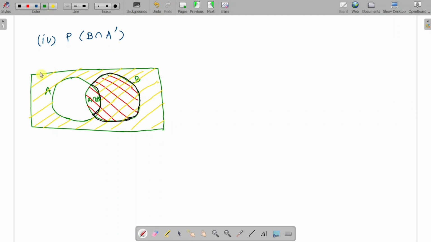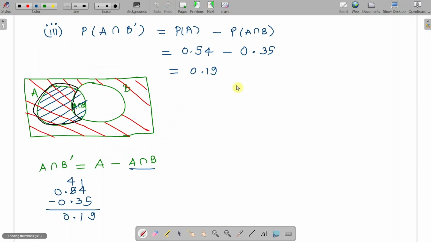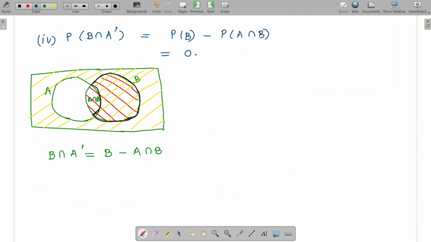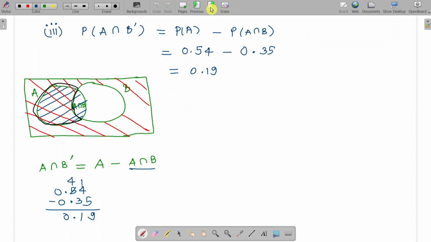So B intersection A complement is equal to the whole set B minus this small set A intersection B. Okay, so now we have to write this in terms of probability. So P(B) minus P(A intersection B), so that is equal to P(B) is given to us 0.69 minus P(A intersection B) is also given 0.35.